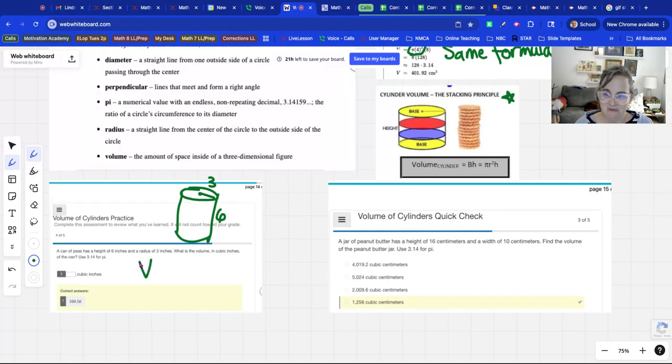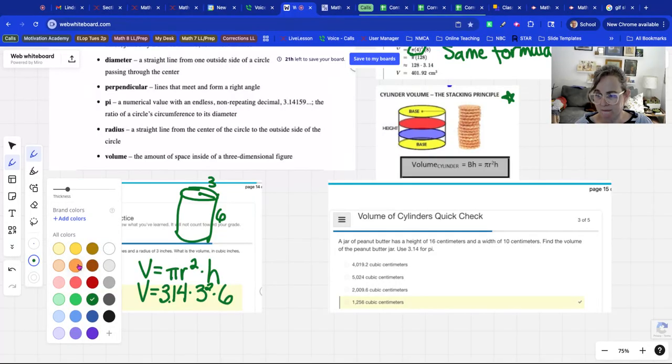So the volume is going to be pi r squared times the height. I always write the formula because eventually it'll stick in my brain if I write it enough times. 3.14 times the radius squared, so that's 3 to the second power, times the height, which is 6.